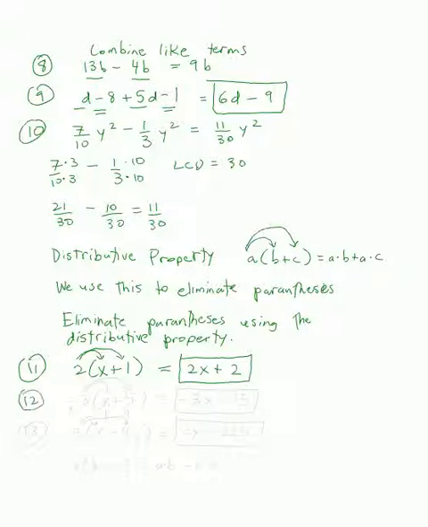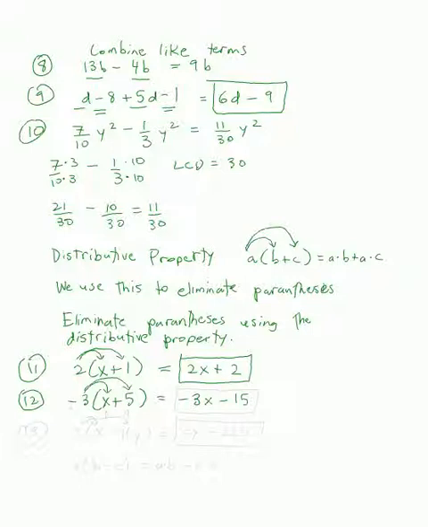Okay. Let's do another problem. We're going to do negative 3 times x plus 5. So in this case, we're going to do negative 3 times x and negative 3 times 5. Negative 3 times x is negative 3x, and then negative 3 times positive 5 is negative 15.